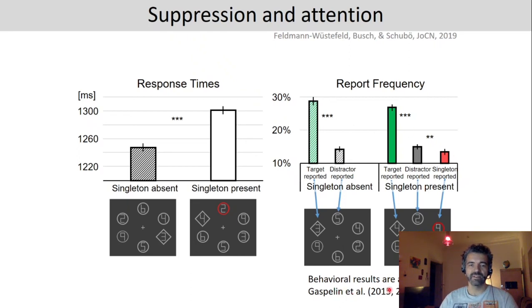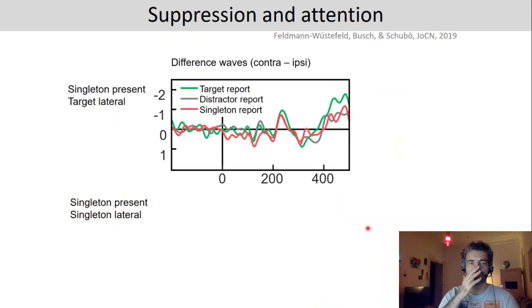So behaviorally, this is a replication of a previous study by Gaspelin and colleagues. But what we also did is we had a look at the PD component as a function of whether participants reported the correct target identity, the distractor digit, or the singleton digit.